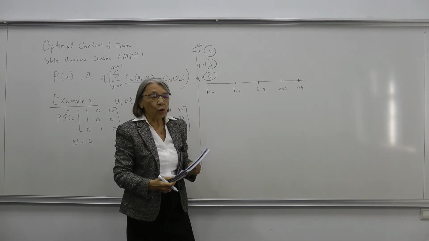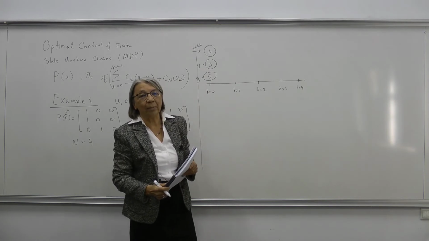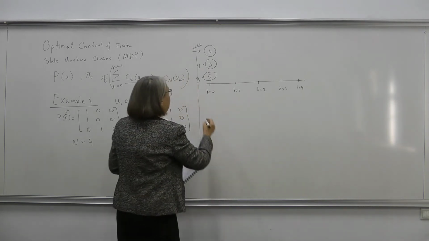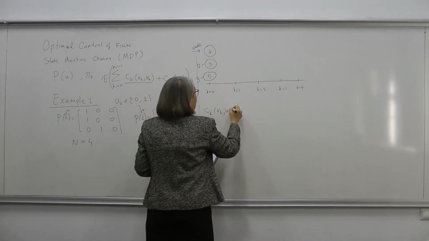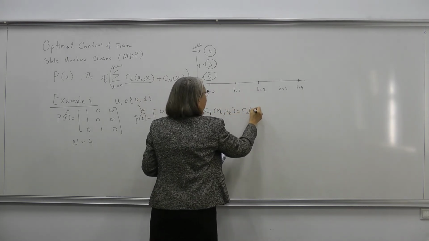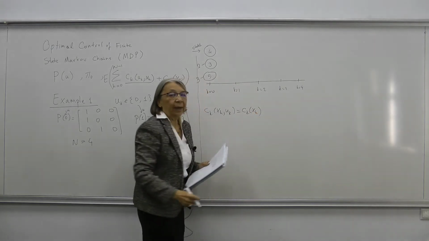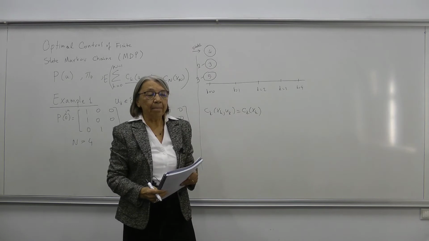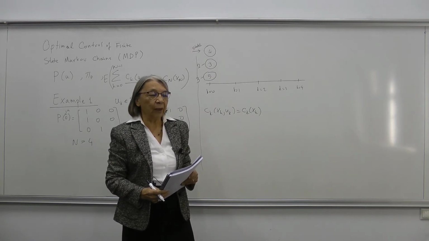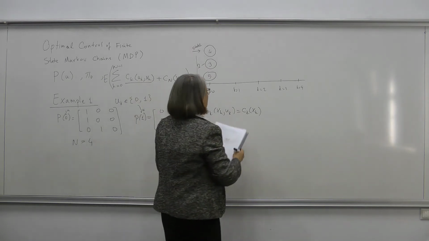Also in this example, we made one more simplification and assume that c sub k of xk, uk is equal to c sub k of xk alone. So it is not a function of uk, so that we have the same incremental cost for each of the inputs.